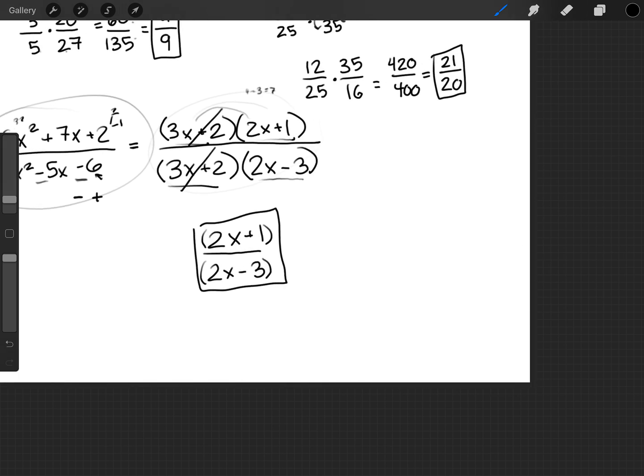So this would be your final simplified answer. Now, in order to understand multiplication, we can do this.